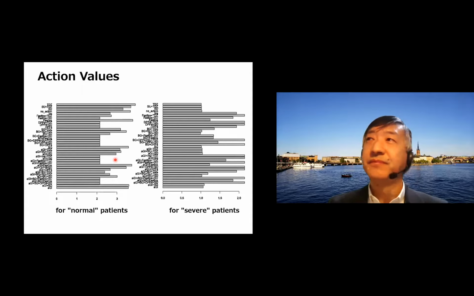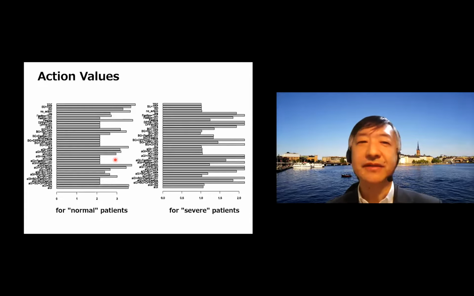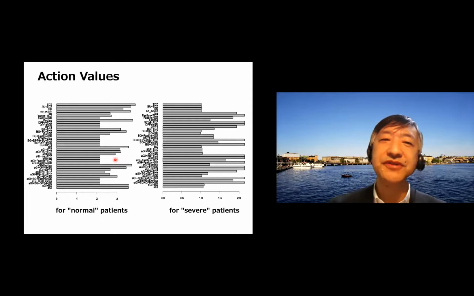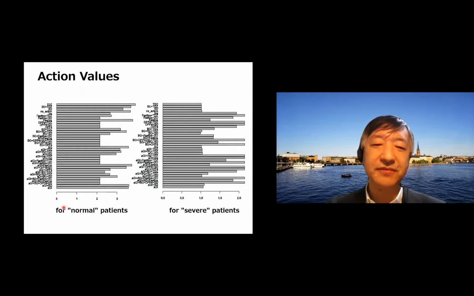Based on this modeling, we can calculate the action value of the doctor. For a normal state patient, this graph shows the value of each action, the expected cumulative reward the doctor will get in future if they take this action, dosing this medicine.